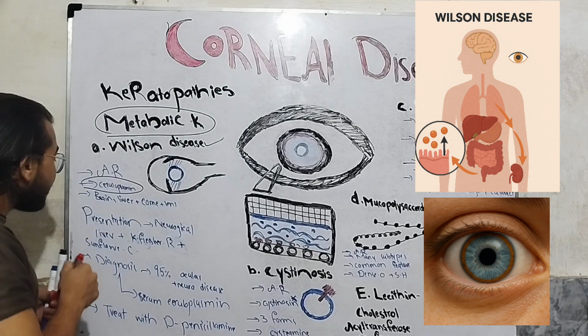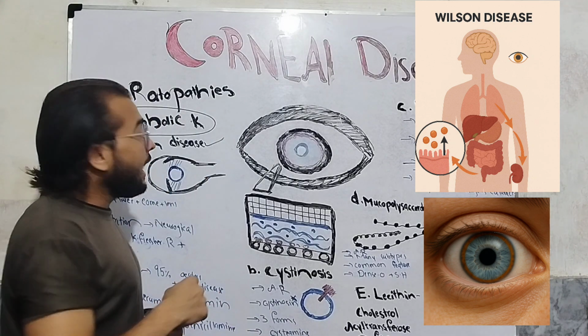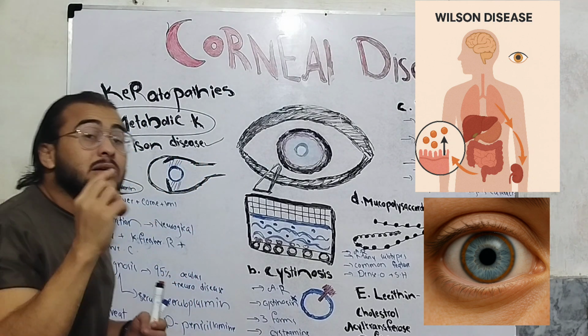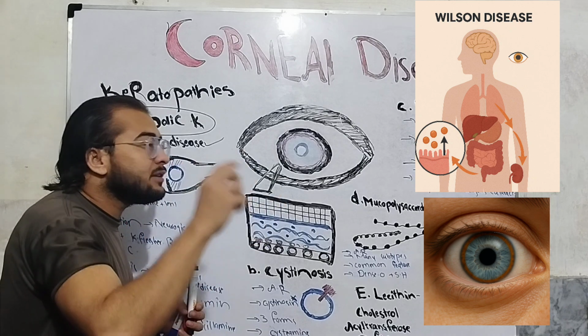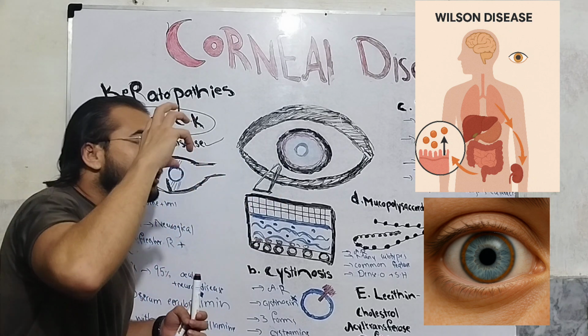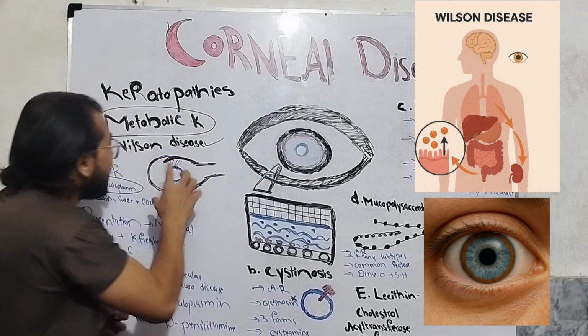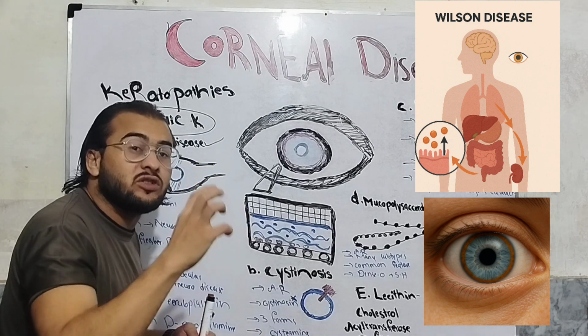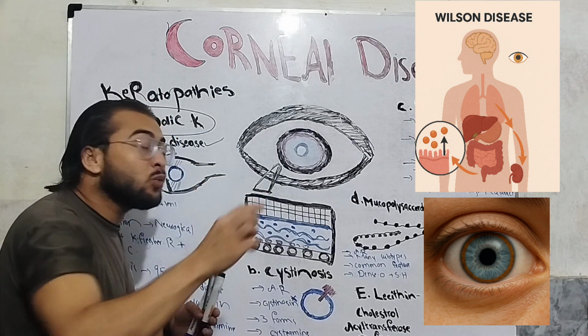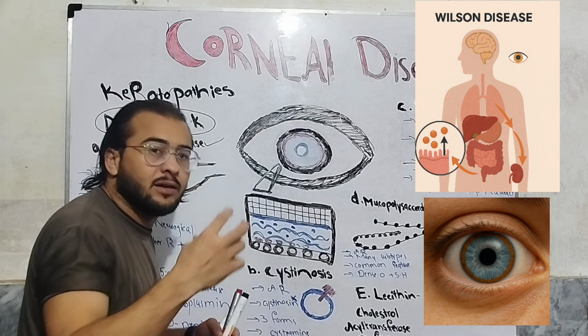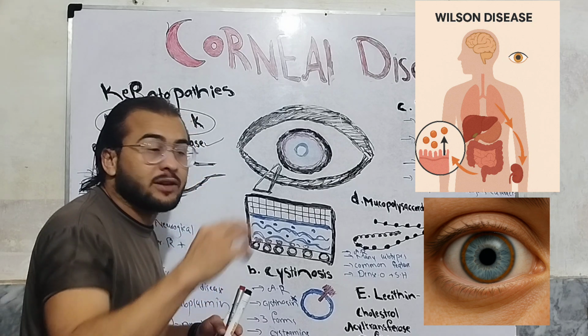So there will be a Kaiser-Fleischer ring in the eye, and when we take a look through the lens, there will be cataract. Due to the copper deposition, there will be cloudiness of the lens, which is called cataract, and the cataract will be in a special pattern, called sunflower cataract.